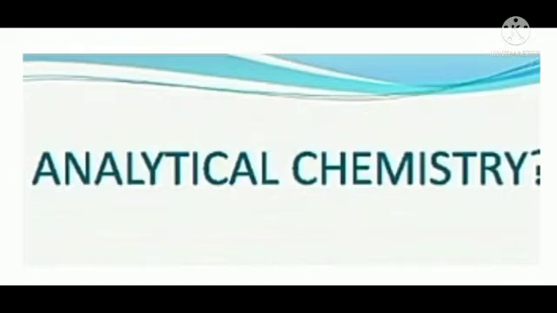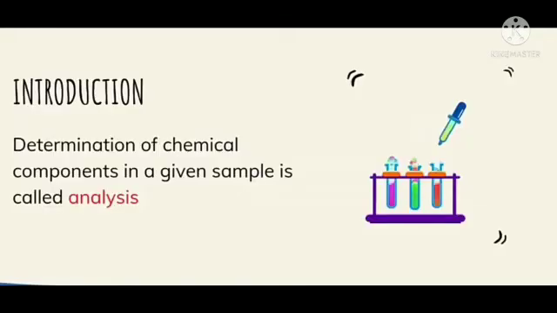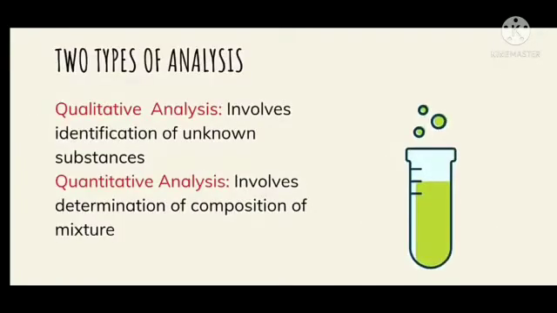Analytical chemistry deals with the experimental study both by qualitative and quantitative means. Determination of chemical components in a given sample is called analysis. Analysis is of two types. First is called qualitative analysis and second is quantitative analysis.